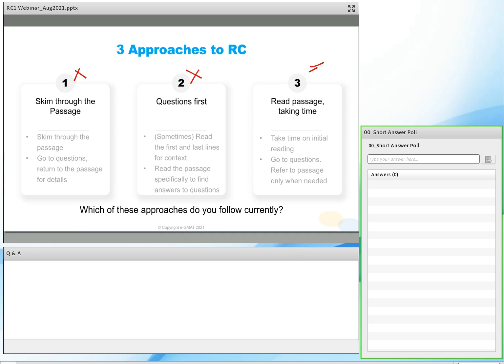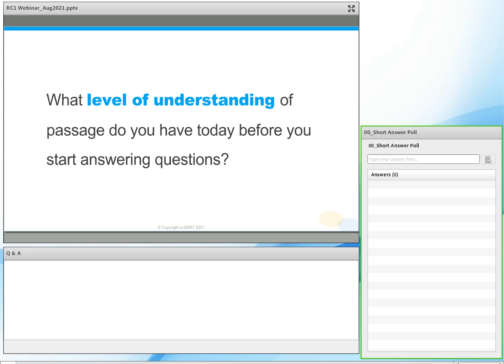We believe method 3 works, and 60% of you are following method 3. So through this session, what I hope to achieve is, for those of you who are following method 1 and method 2, I hope that we can transition you towards method 3. And for those of you who are already trying method 3, this session will make you better at it. Okay. So the last question, and this is what I call pure self-appraisal.